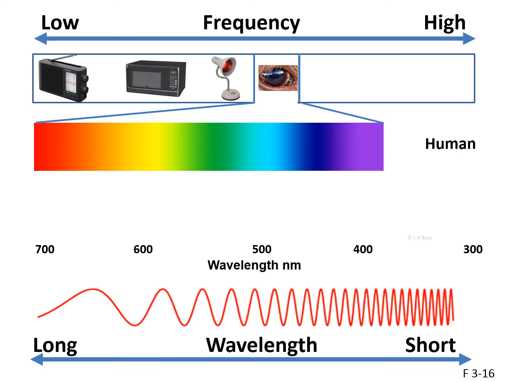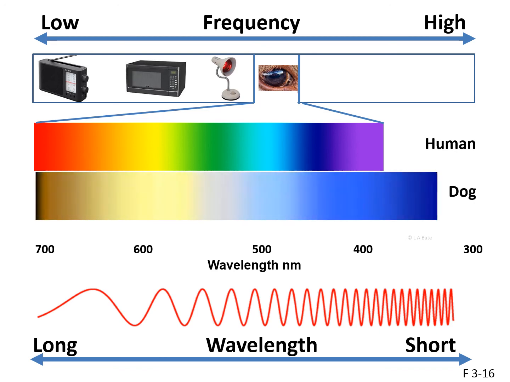Dogs can see from 700 nanometers to about 360 nanometers, entering a bit in the ultraviolet spectrum. However, dogs do not seem to see the colors as humans do. They see everything in these colors. So they don't see red, and the yellow spectrum is much wider.